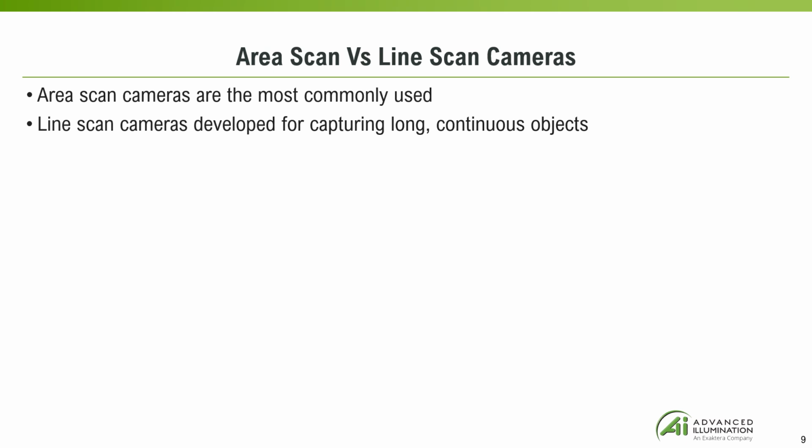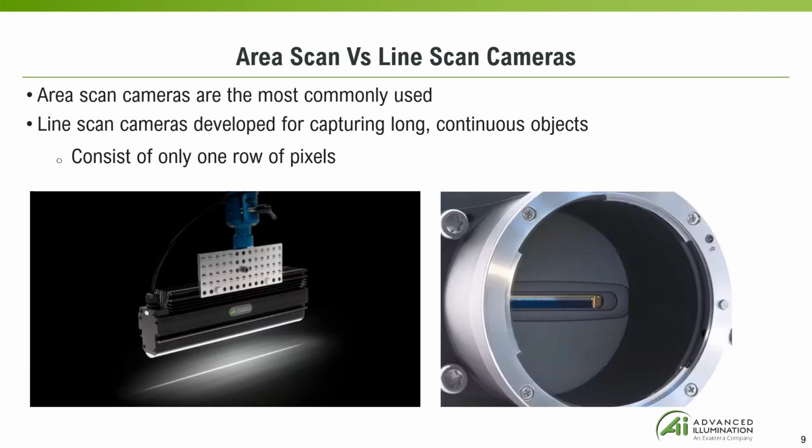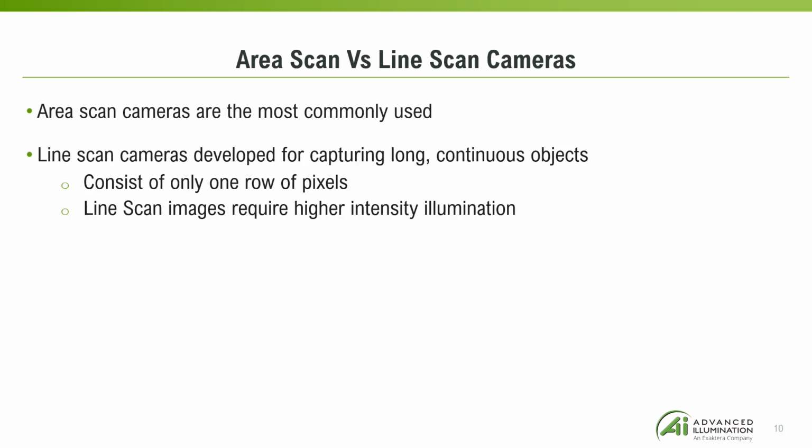Line scan cameras were developed for high-resolution imaging of large, continuous objects that wouldn't fit within the frame of a traditional area scan camera. Images from line scan cameras consist of only one row of pixels. A two-dimensional image is created by moving the part under the camera or the camera over the part. The generally accepted characteristic of line scan imaging is that it needs higher illuminance than an area scan camera.